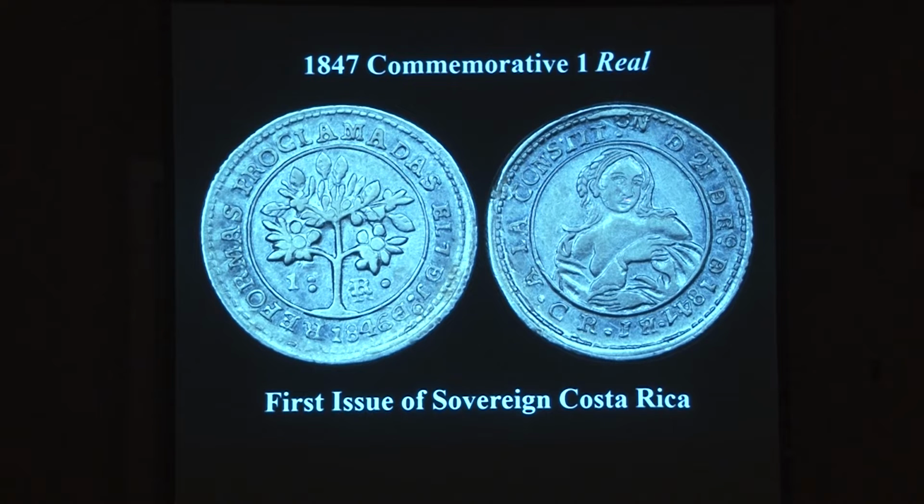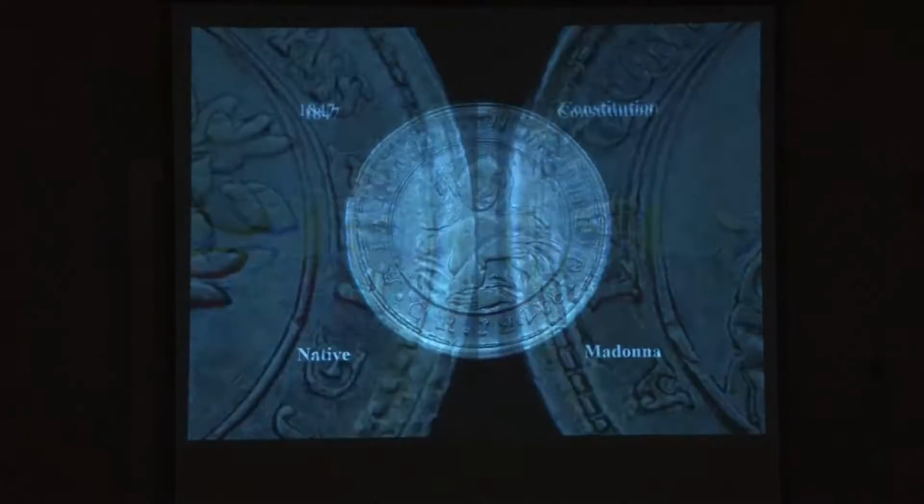The reverse shows our native woman, and the child is covered, basically, right? And it refers to the Constitution of 1847 when Costa Rica finally formalized its independence from Central America. So this is the first sovereign issue of Costa Rica, and it has a native figure on it.